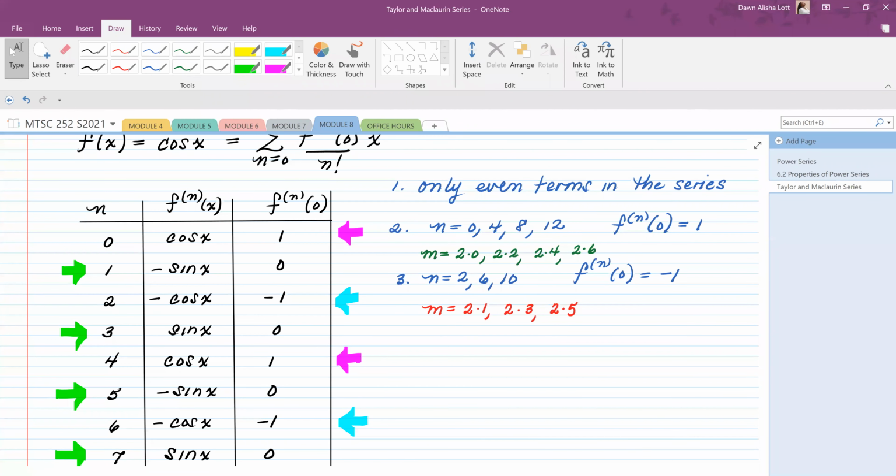Okay, so the only thing left to talk about is, there are 2 things that we need to discuss, and that is the remainder theorem, which tells you how good an approximation is if I approximate it with just a certain number of terms.